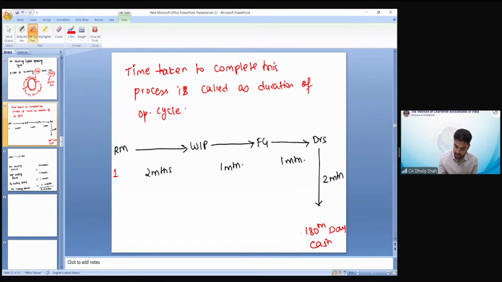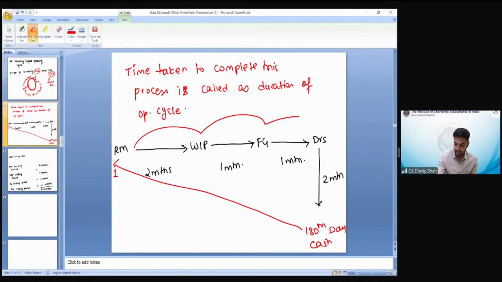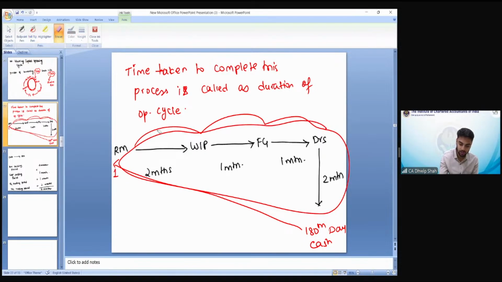And this cash, again, this cycle will now go on till eternity, till the business is in operation. Then with this cash, I will again buy raw material. Raw material से WIP, WIP से FG, FG से debtors से cash, cash से raw material. Again, this cycle goes on and on.